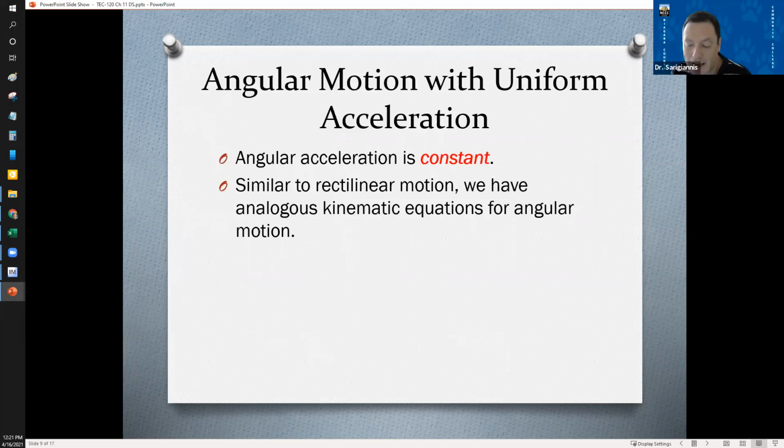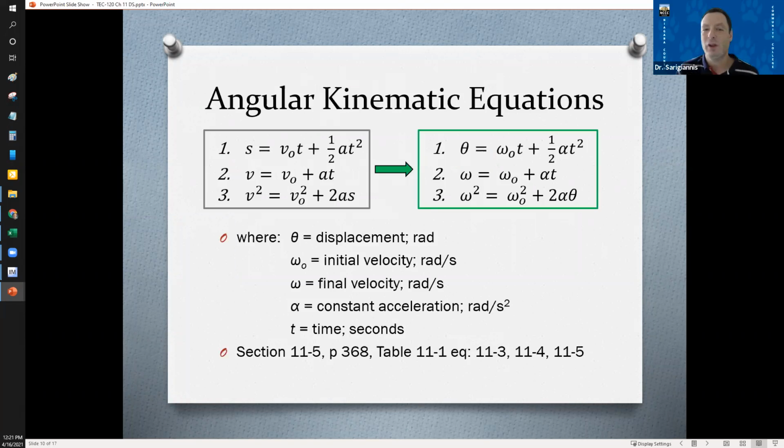In this case, angular acceleration is constant. So we're going to work with that fundamental understanding. It's very similar to rectilinear motion, and because the assumption is angular acceleration is constant, or uniform, we can write the equations out just like we did for rectilinear equations.